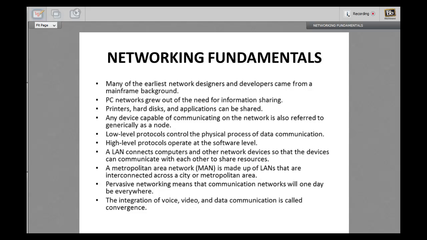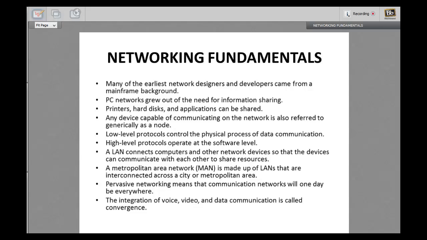They came from the mainframe background, and in those days there was a big mainframe device connected with many terminals, and the mainframe acts as a server in our days now. So everything was done through the mainframes. Then the network grew out of the need for information sharing.